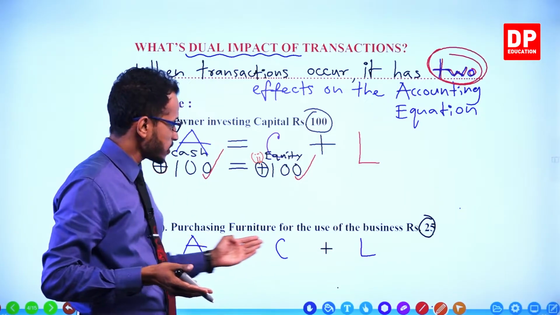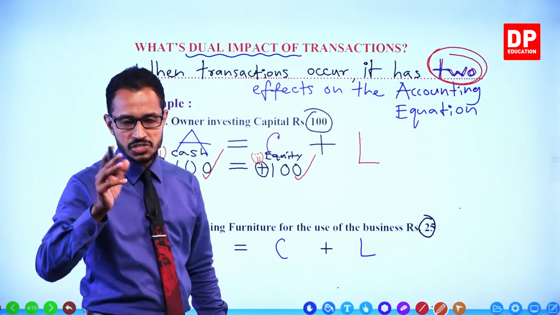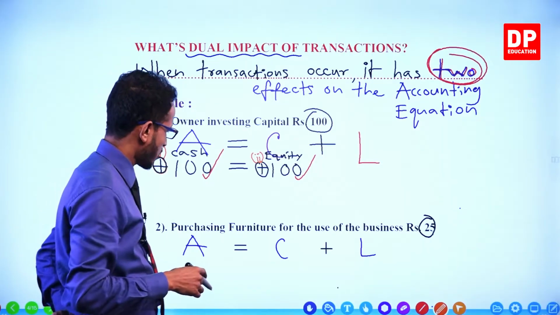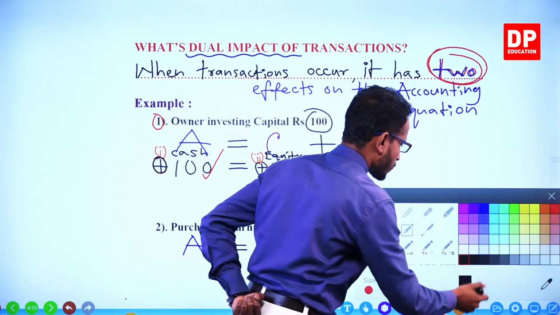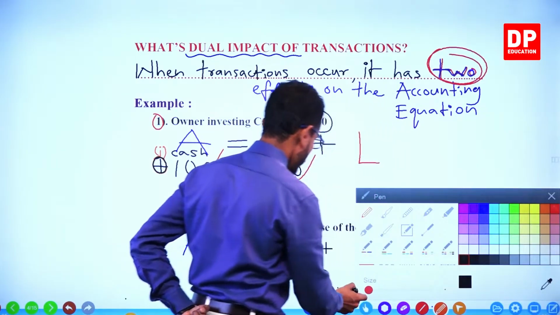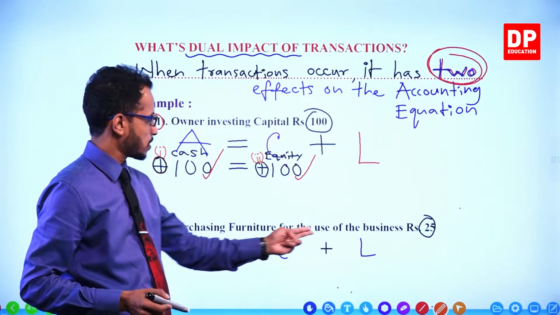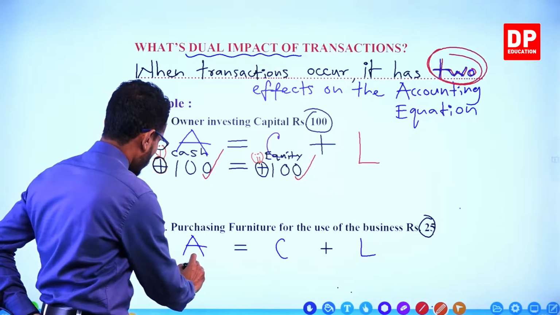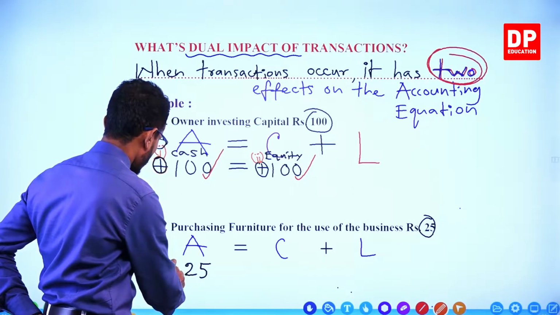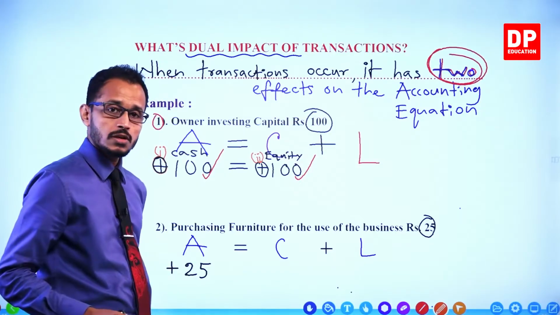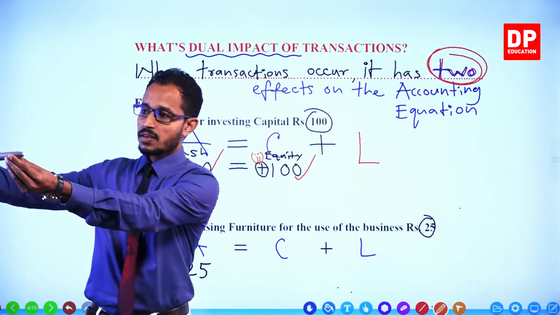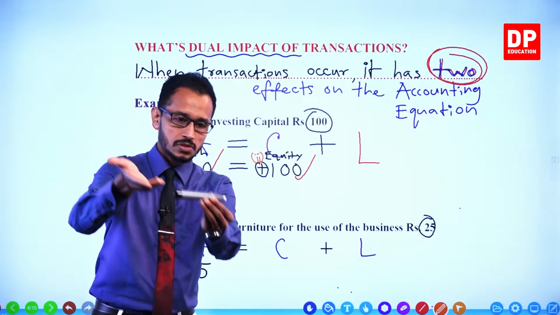Which asset increases? Furniture, that's right. Excellent thinking. Furniture increases by how much? 25, because 25 under assets increases because new furniture came into the business.